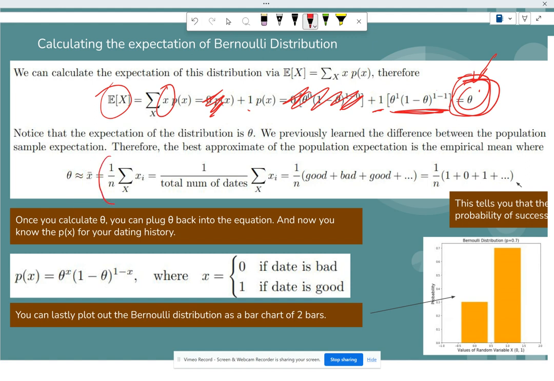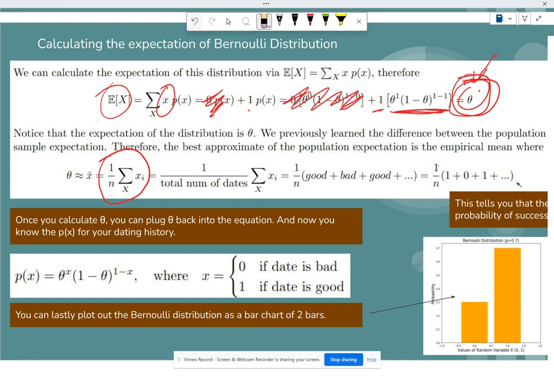So you'll just have the average number of good dates, right? So let's say 1 over the total number of dates, and then you sum up all the dates. Imagine it's like good, bad, good, and therefore all the bad is going to be 0. So you're summing up the number of good because all the bads are 0.